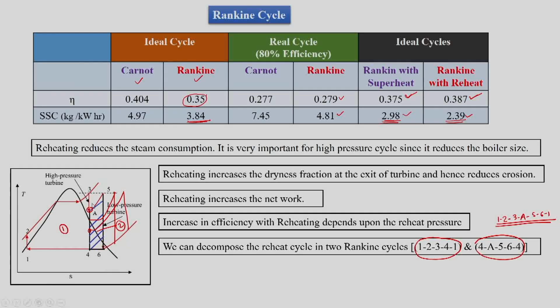So, point A is not fixed, point A can be anywhere, we can have reheat very close to 4 also. Then in that case we will have expansion like this.